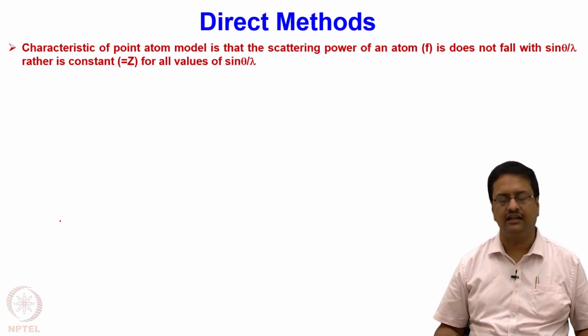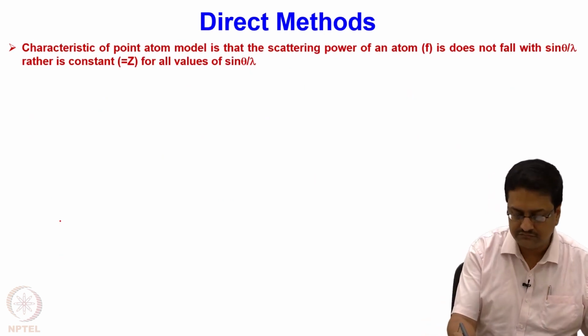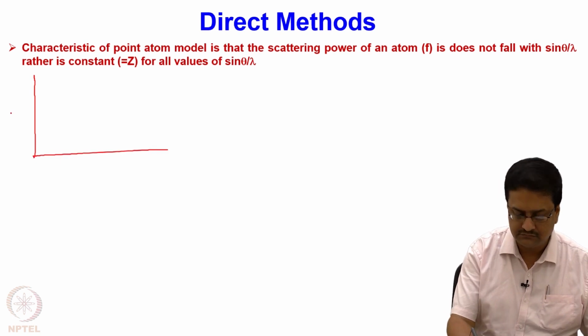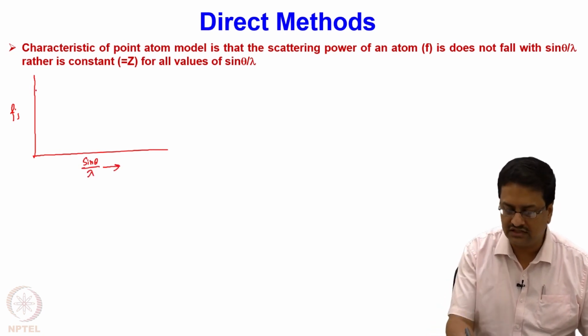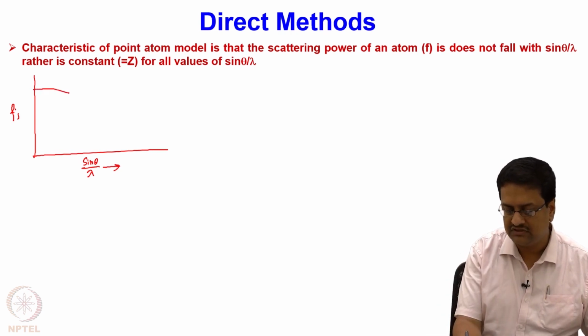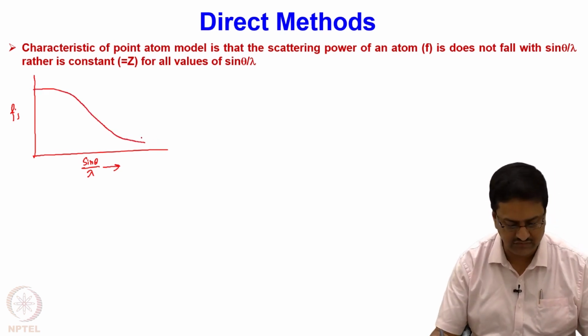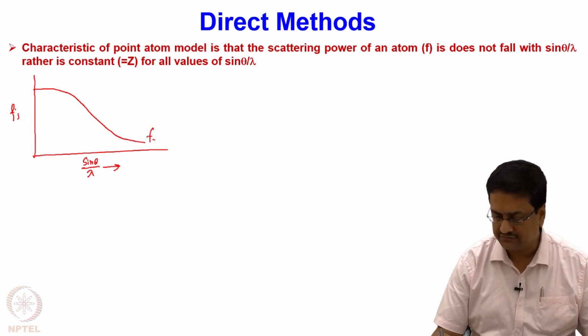So with this understanding, if we try to plot the scattering factor Fj with sin theta by lambda, in general Fj should fall like this with sin theta by lambda, that is for F for an actual atom.